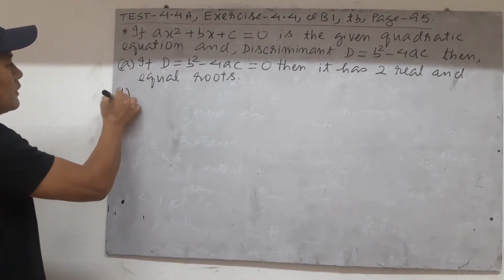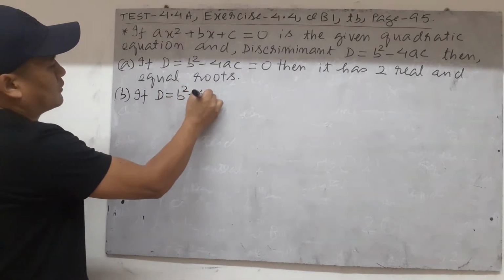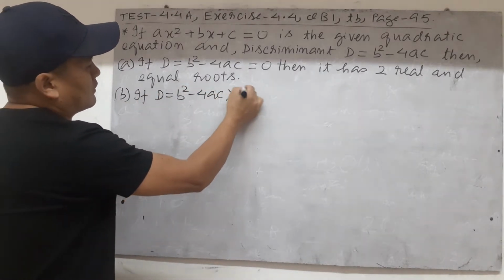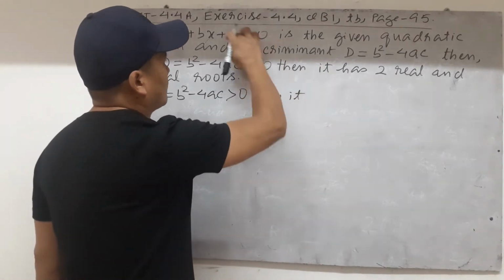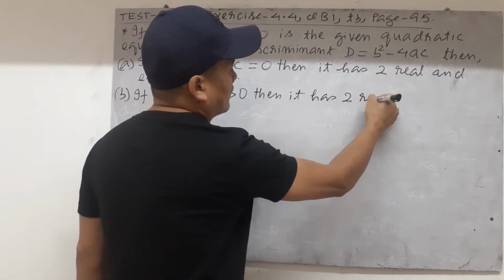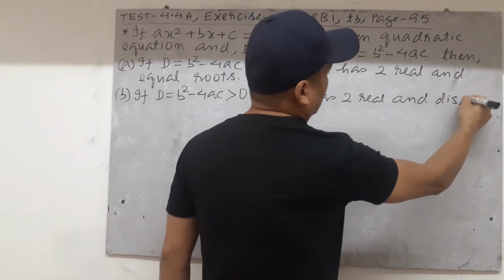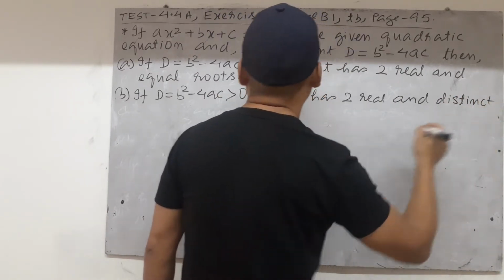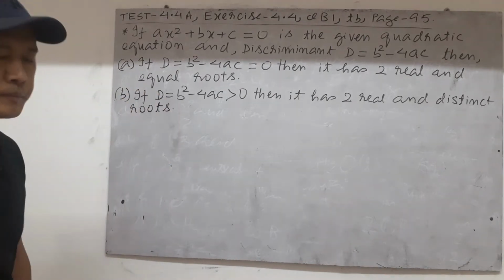Now B, the second condition: if D, equal to b squared minus 4ac, is greater than 0, then it means this equation has two real and distinct roots. Write it down. Two real and distinct roots.